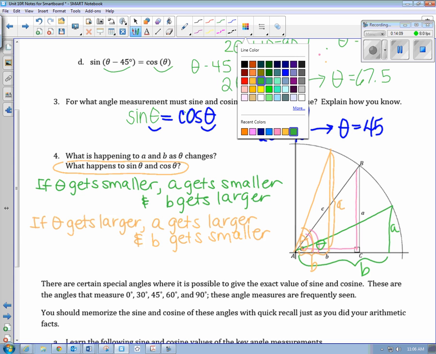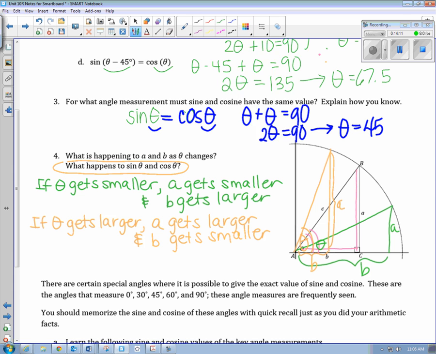If we're looking at the green triangle and we're making our sine value change, our value for sine in the green one is A over this measurement right here, which is C. And we can see that our A value gets smaller, but the C value stays the same.